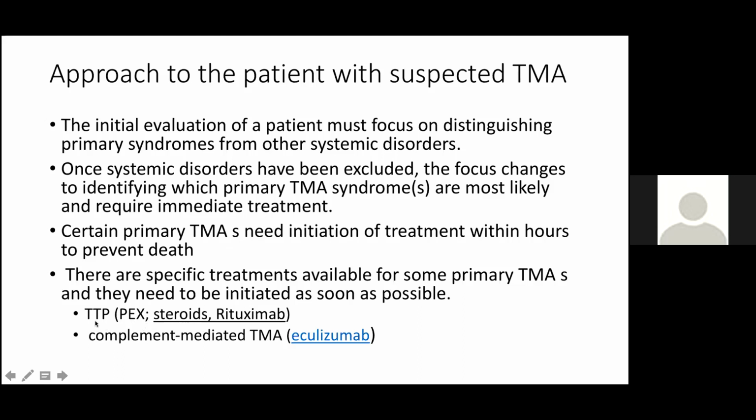Thrombotic thrombocytopenic purpura, because you have to start plasma exchange within hours, otherwise the patient can die. And the other is complement mediated thrombotic microangiopathy. This needs anti-complement medication, which is not available in Sri Lanka, but it can completely hold the disease and prevent the patient from dying.